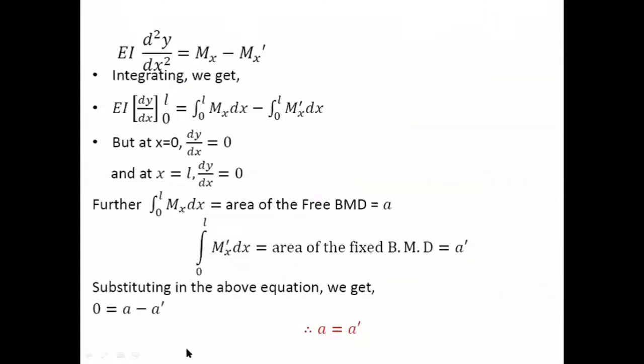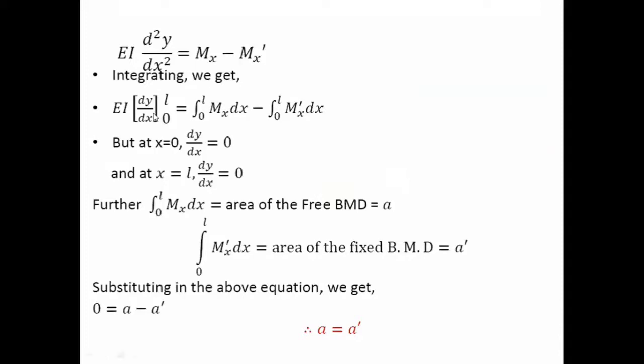Next, the integration of Mx dx is the area of the fixed BMD, which we are assuming as A dash, and we know one relationship between these two: both are opposite in sign to each other. One is plus, another is minus. So A is positive, A dash is negative.